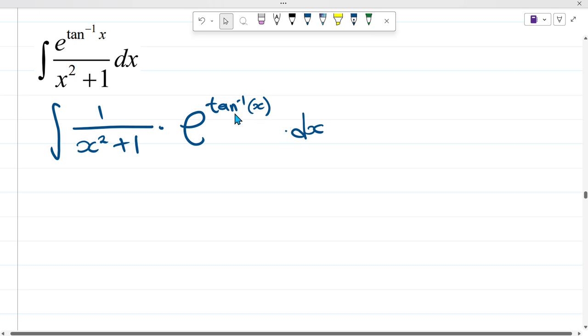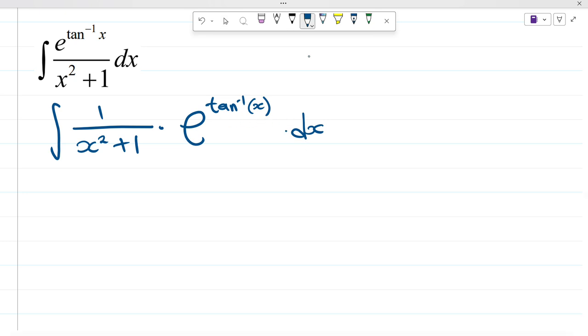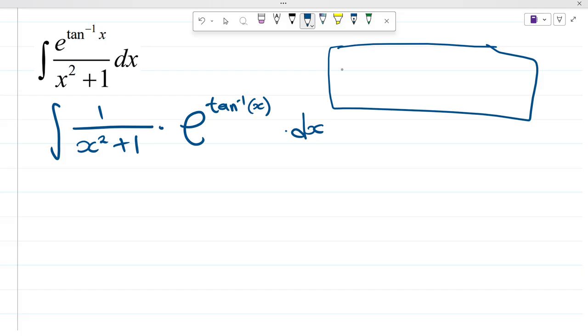Because we know that whenever we're differentiating an exponential function, let me just write this here on the side, just to remind you of some things. So the derivative of e to the power u is equivalent to e to the power u multiplied by u prime.